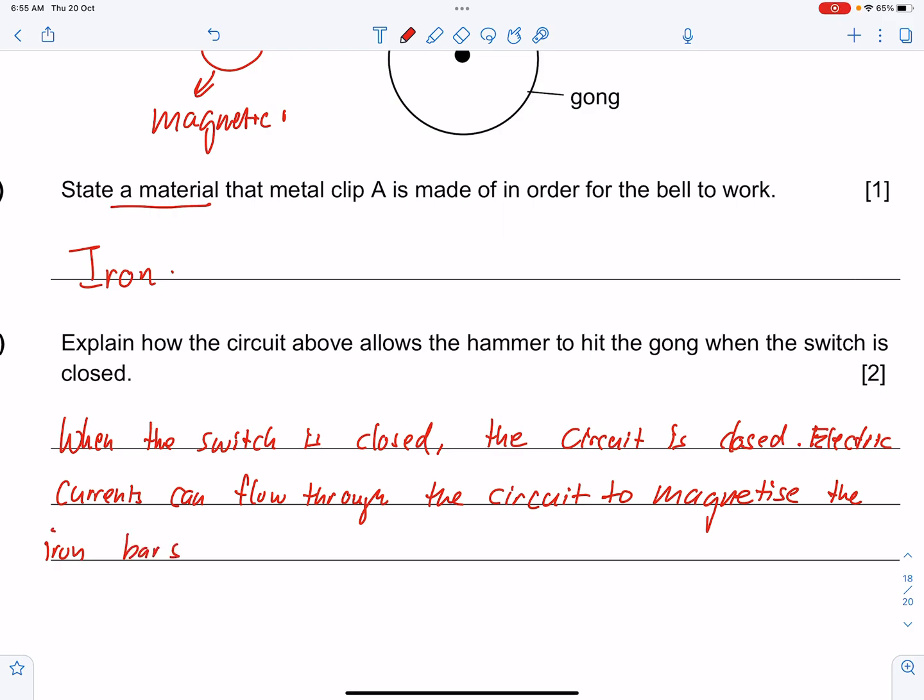So this is the outcome, right? So I haven't finished yet. The electromagnet would then attract the metal plate.